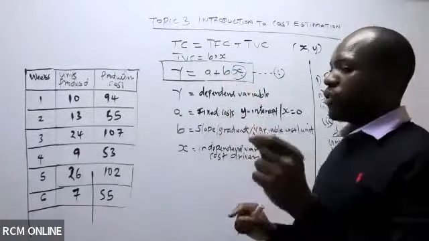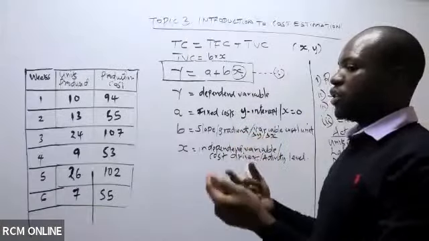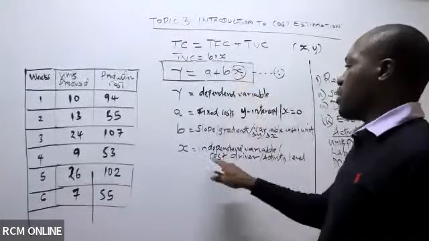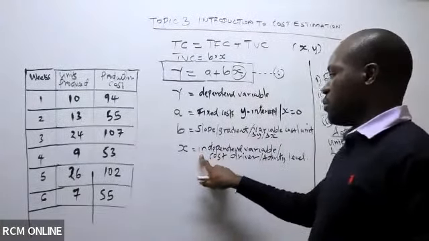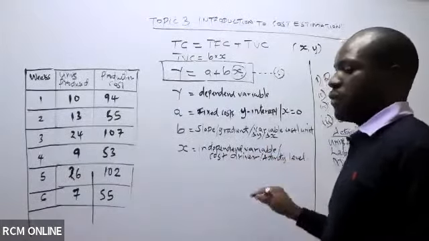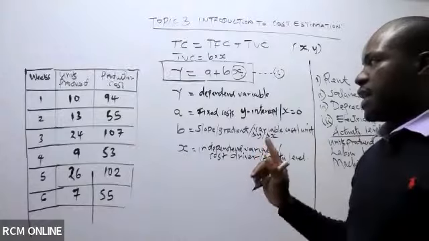B, which is variable cost per unit, will be constant, but total variable cost will change because of change in X. And therefore, that's why we give it this name, independent variable, cost driver, or activity level. Point number one that you should not forget as we move forward.